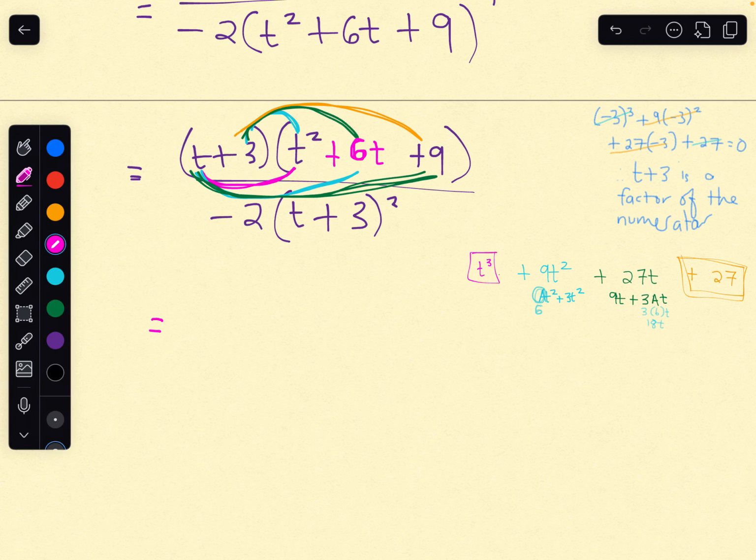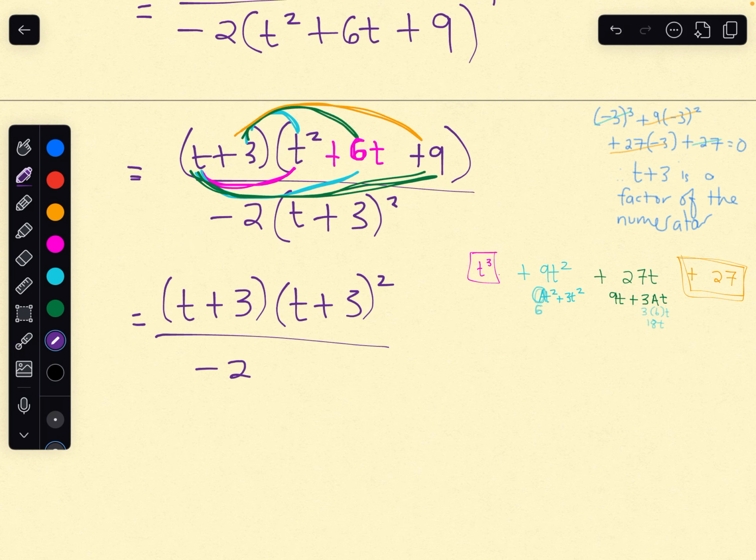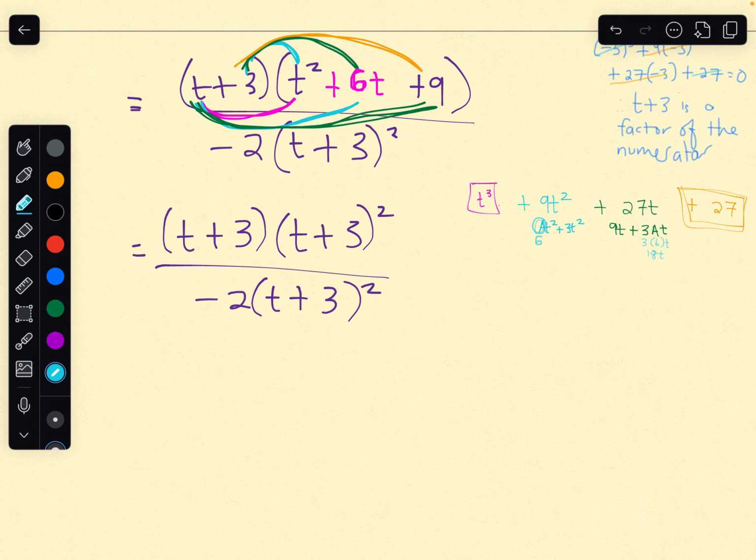So this is t plus 3 times t plus 3 squared. And down here we have minus 2 times t plus 3 squared. So one term at the bottom, one term at the top, we can cancel to our heart's content. So this is going to be minus t plus 3 over 2.